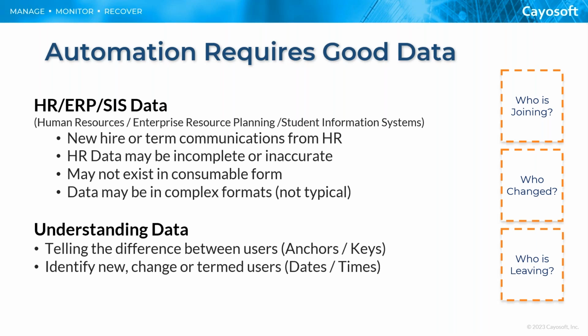And then finally, identifying new employees, changed employees, or termed employees sometimes can be a little tricky. There's often a date or set of dates that you have to look at. And so you may need to have 3 different goes at that HR data, one to show just people added, one to see anybody who's only changed, and then one that shows anybody who's been terminated from the system.